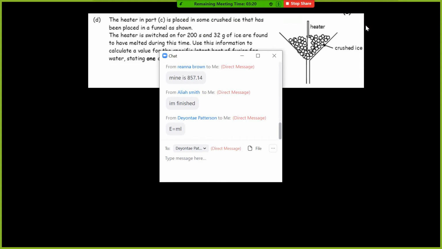I get that, Patterson, but what is E? Tell me what E is. My first question was, what kind of method is this that we're using to find the latent heat of fusion? Remember, there are different methods.